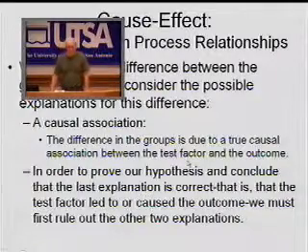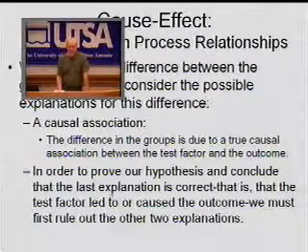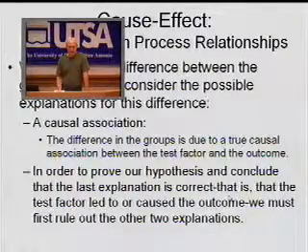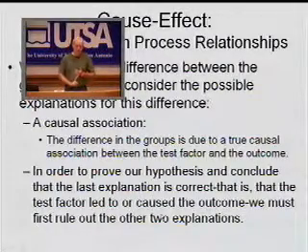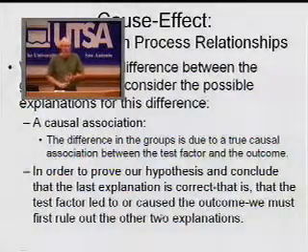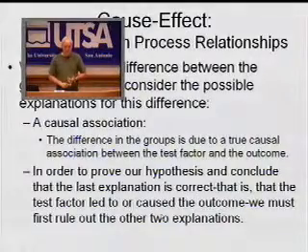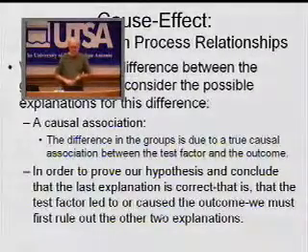of bias and confound. So in order to prove our hypothesis and conclude that the last explanation is correct, that is, that the test factor led to or caused the outcome, we must first rule out the other 2 explanations. So we must rule out spurious association. How? By controlling our experiments, having well-controlled, tightly controlled experiments.